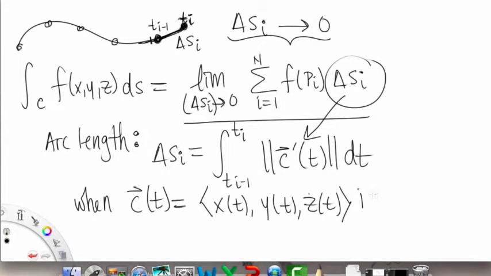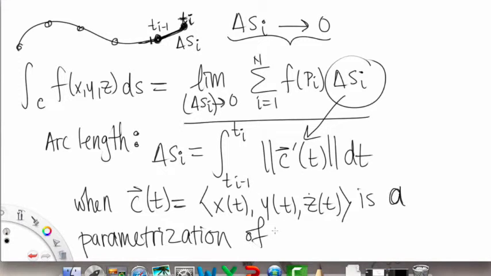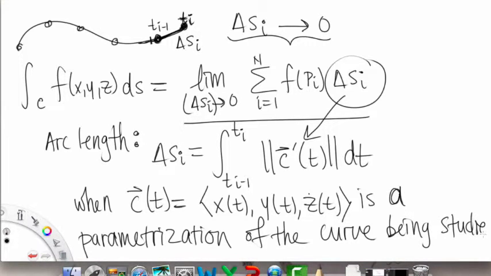I'll say a parameterization, because you can have multiple parameterizations, of the curve being studied.